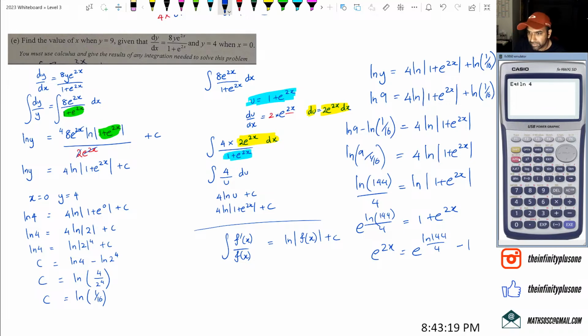Just want to check if I've done this right. ln of 4 is equal to 4 times ln of 2 plus c. I've got negative 1.38. So c is negative 1.3863. I just want to check that first.